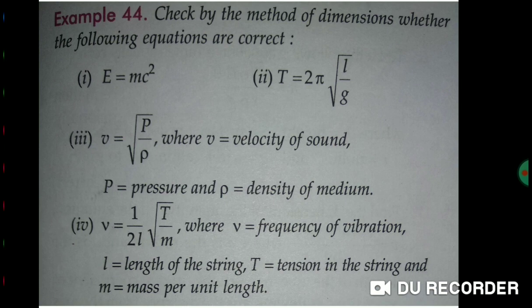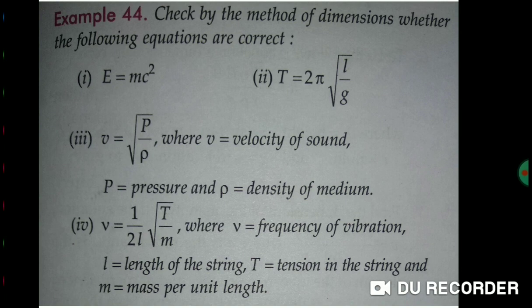Now some more homework for you. Check by the method of dimensions whether the following equations are correct or not. I'm giving you 4 equations. E equals mc square, where E is the energy, m is the mass and c is the speed of light.